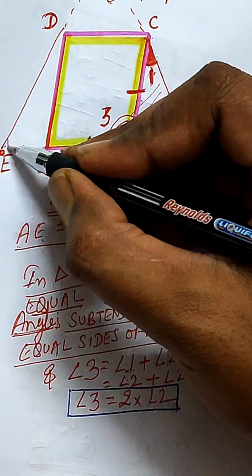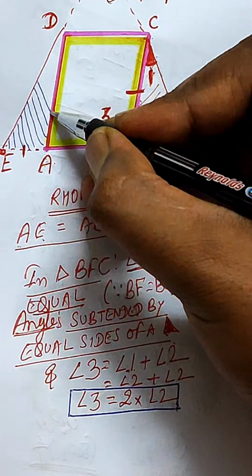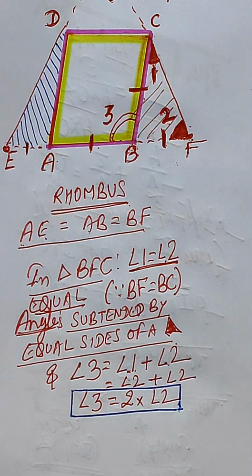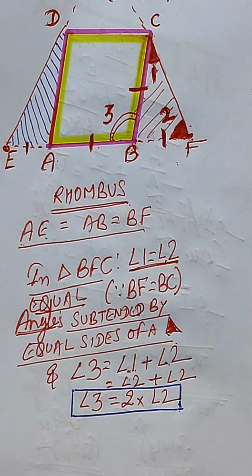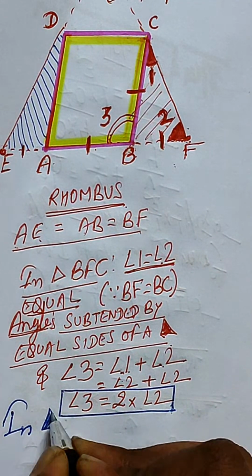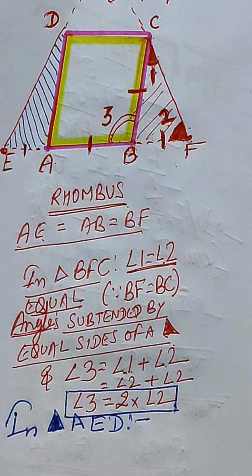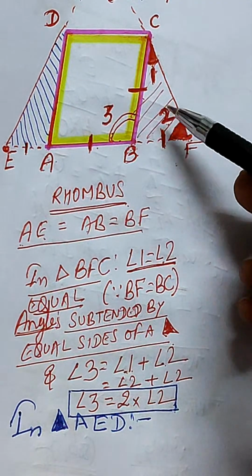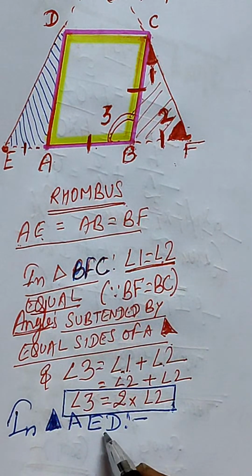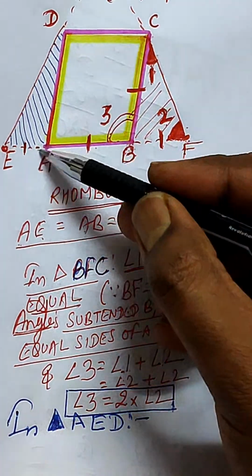So in triangle AED, which is this triangle, in triangle AED, as we proved in triangle BFC over here, similarly in triangle AED, this blue shaded triangle, we can see AB is equal to AE.